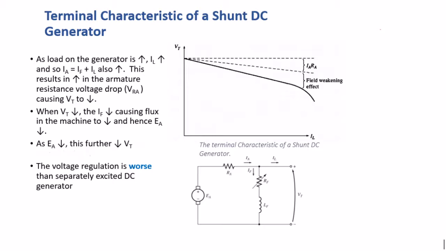Again, the equations that we need to derive this: basically the first one is we've learned before that, by using the KCL, IA equals IL plus IF.